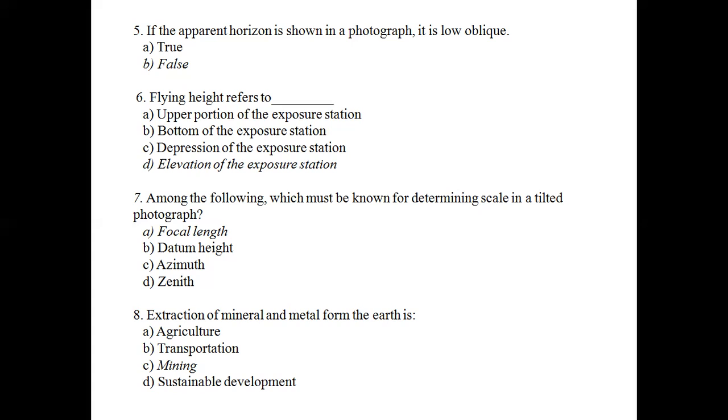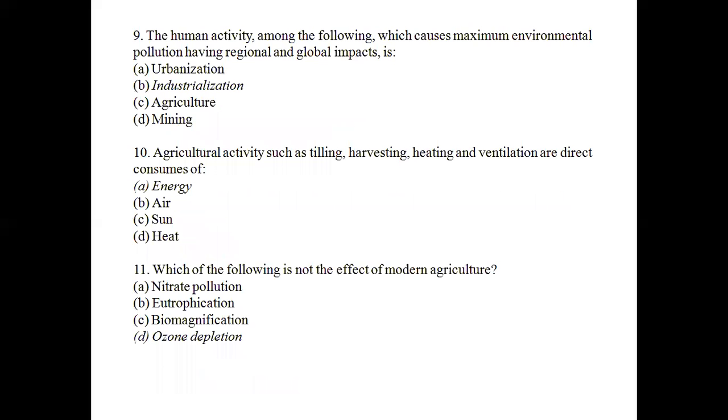Next question, extraction of minerals and metals from the earth is called agriculture, transportation, mining, sustainable development. You are in a better position to answer that. The human activity among the following which causes maximum environmental pollution having regional and global impact: the options are urbanization, industrialization, agriculture and mining. So identify the correct answer for this.